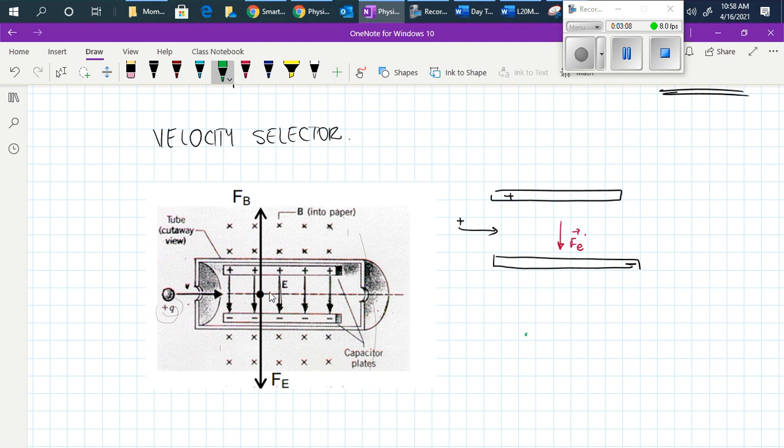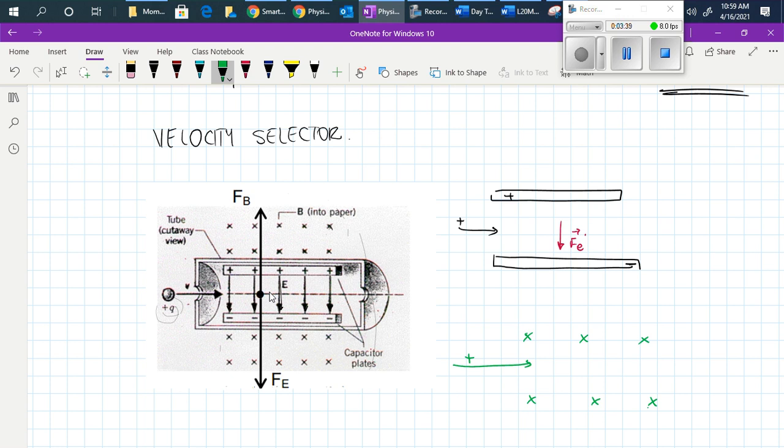the magnetic field is into the page, and you have a positive charge that is entering into this field. Then let's see, based on the third left-hand rule, what is the force that the charge is experiencing. Since it is positive and we are using the left hand, we will switch the direction. So instead of going east, we will go west.